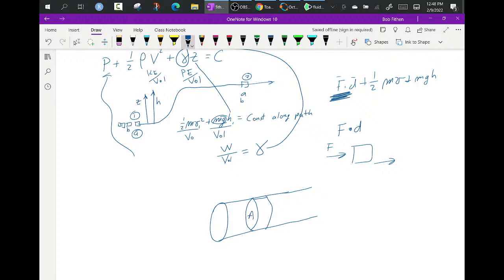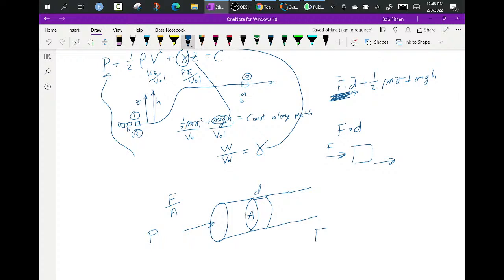Well, if this is an area, then I would say that the pressure here, the force on this area, the pressure is going to be force per unit area. But what distance is it moving? Well, it might move a certain distance d here.